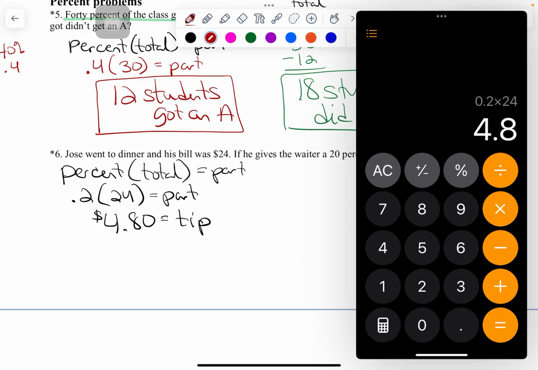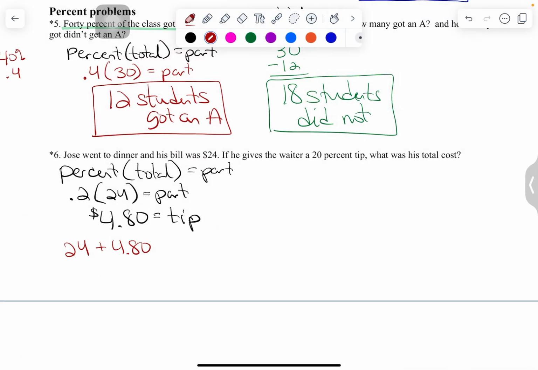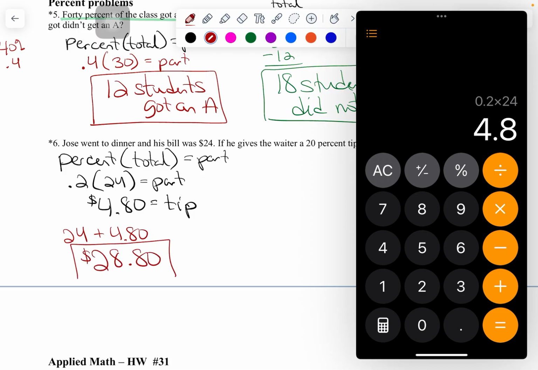So what you could do then is take the total bill of $24 plus the $4.80 that he's going to leave. Let me make sure I'm answering my question correctly. Yep, what was his total cost? So $24 plus $4.80. That's going to be $28.80. Okay, so that's one way to do it.